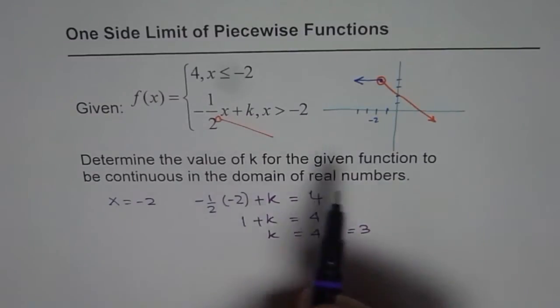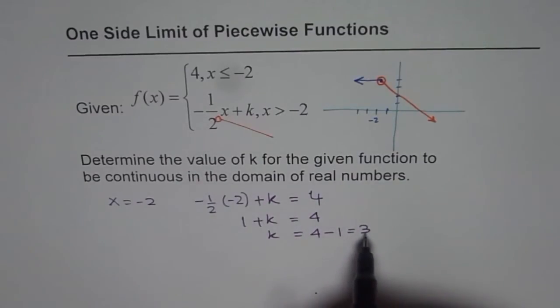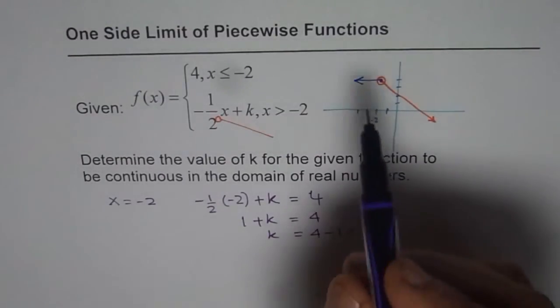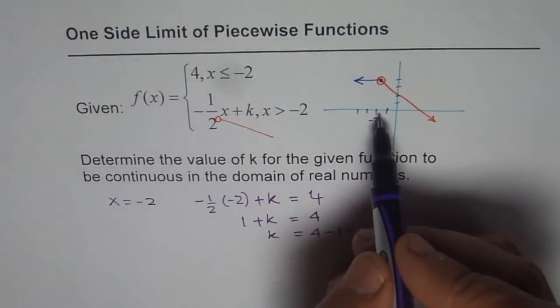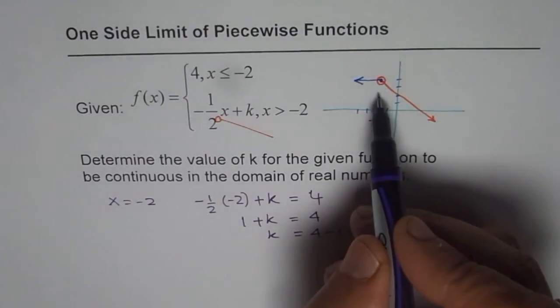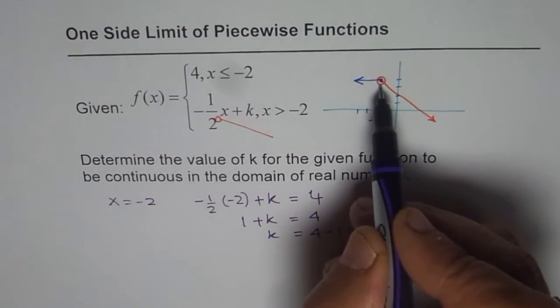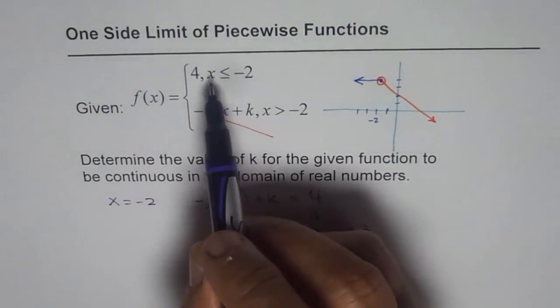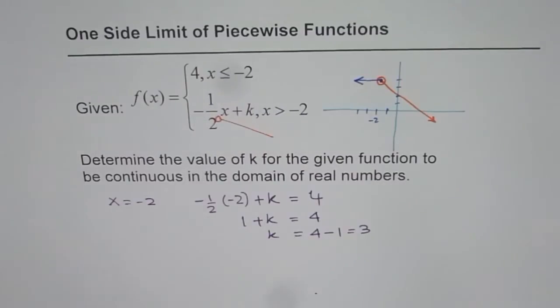That means if k is 3, then the second piece will have an open circle at x equals minus 2 and the y value will be 4, which will coincide with the function's value for x equals minus 2.